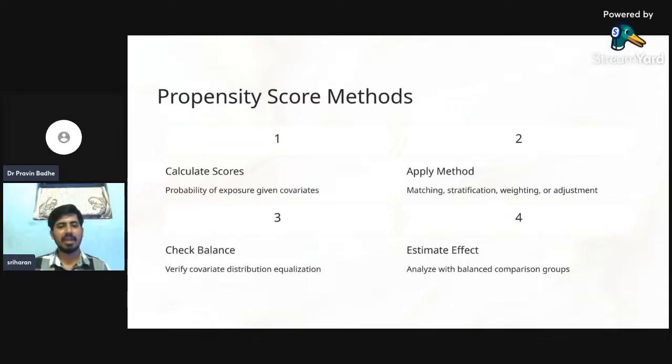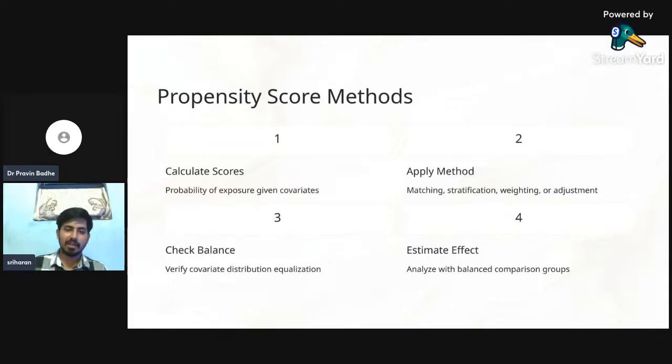So we calculate the score and apply the method, as I said before: matching, stratifying, and dividing them, and weighting. Weighting is for underrepresented patients. Some patients may be underrepresented in some groups, so we give more weightage to them and verify the covariate distribution.